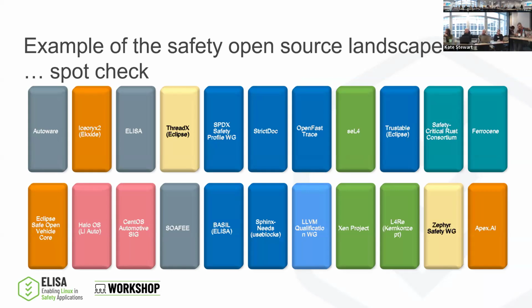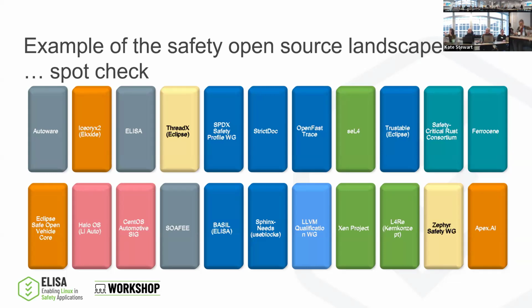I think this is my main part where I went in. I see SPDX safety profile falls into it, more on the tooling and documentation side. Trustable is also a framework for bringing this there. You see this color coding, LLVM. I don't know why this color scheme, and Ferrocene has another one. Yeah, I missed the one on Ferrocene most likely. So Ferrocene should also be on the compiler side.